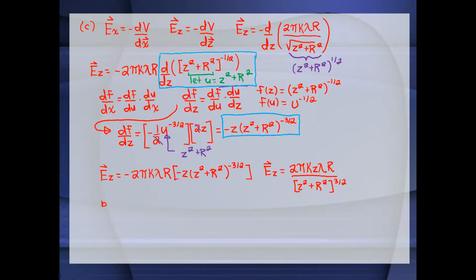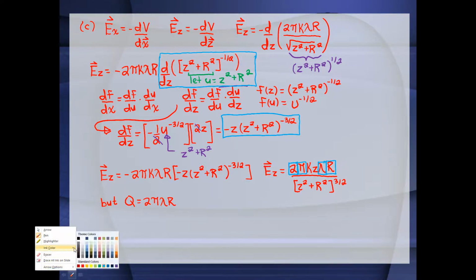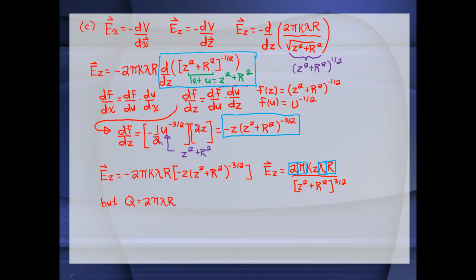Okay, but Q, which we got from part A, was equal to 2 pi lambda times R. So what that means is, in the place of the 2, the pi, the lambda, and the R, we can replace that just with capital Q. So if I do that, it would then look like your electric field.